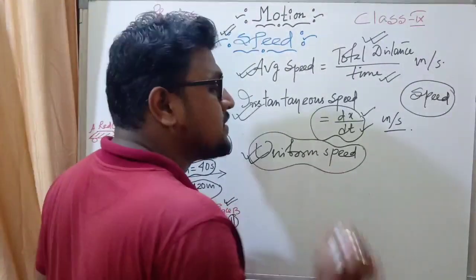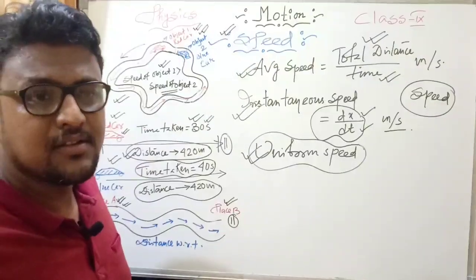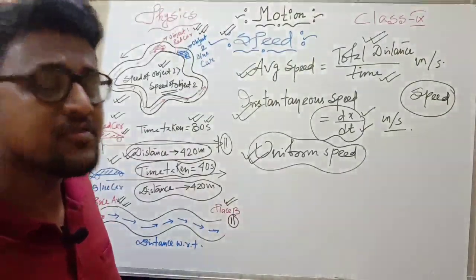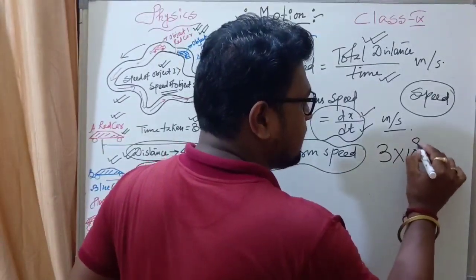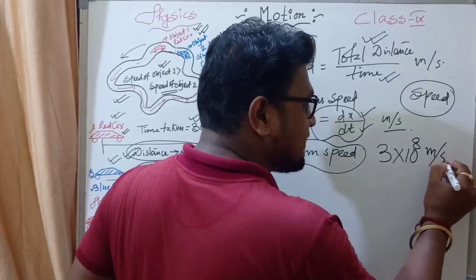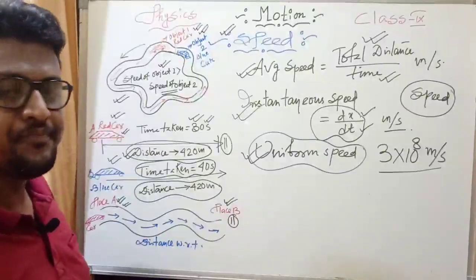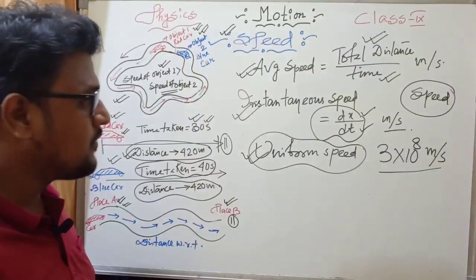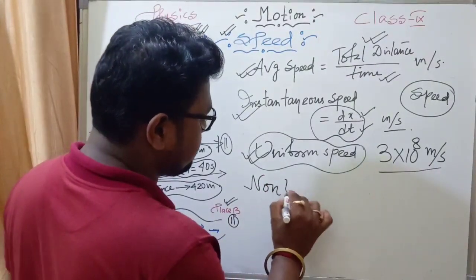That is the concept of uniform speed. Let us consider the speed of light as constant, with an approximate value of 3 into 10 to the power 8 meter per second. So we consider the speed of light as a uniform speed. Is it clear, everyone? Another term is non-uniform motion.